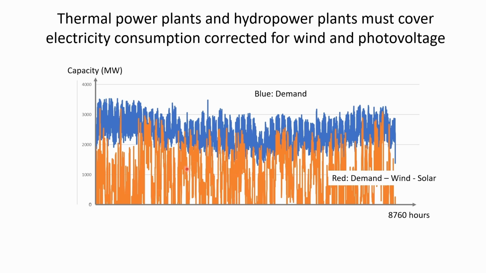In order to do market analysis covering a whole year, we need to know the profiles for wind and solar on an hourly basis. And I will now show you how you can get access to these profiles.